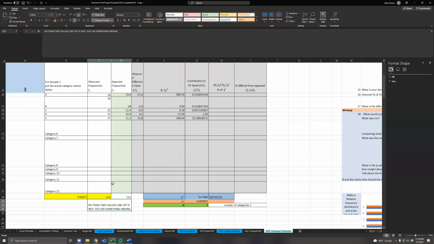And if they don't match, you've got to figure out what you did wrong to make sure that they do match. So it's 112 and 112, observed matches expected, and you're good to go there. So next, we've got chi-squared, these values right here, which gives us a total chi-squared value of 32.708.